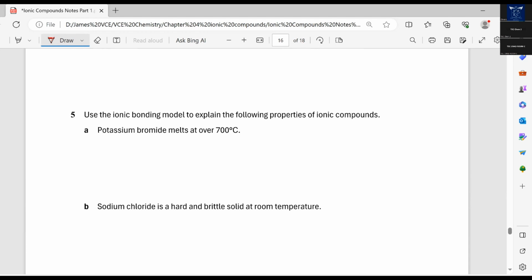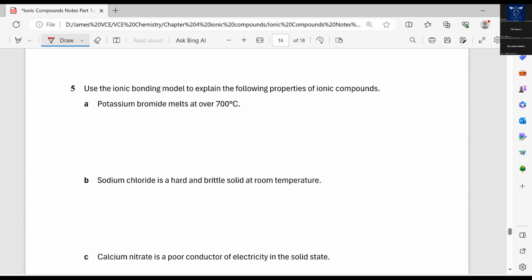Use the ionic bonding model to explain the following properties of ionic compounds. Potassium bromide has a high melting point and boiling point. So you need to make use of the high melting point and boiling point.